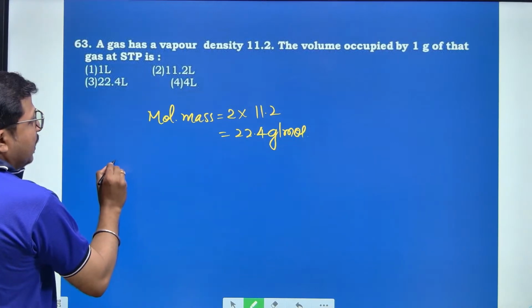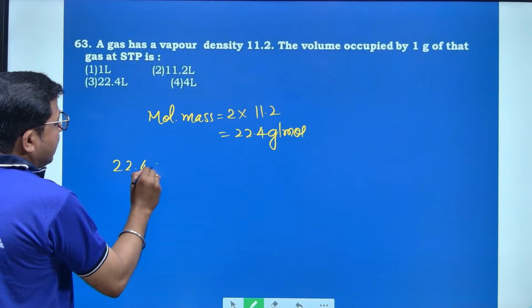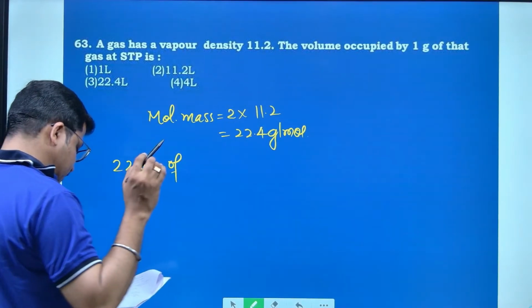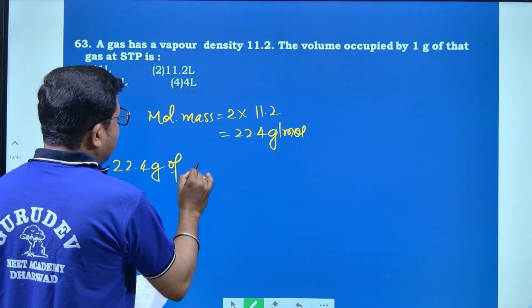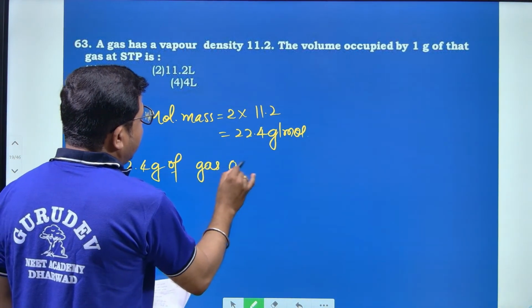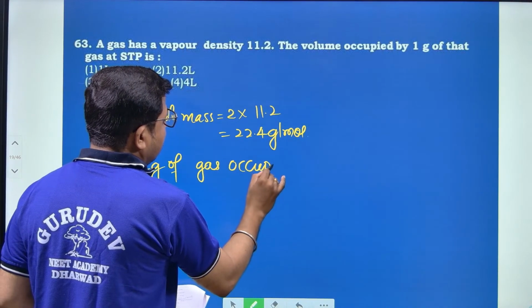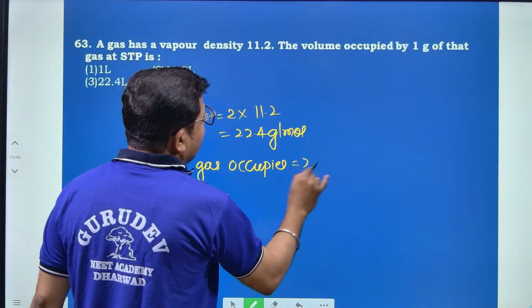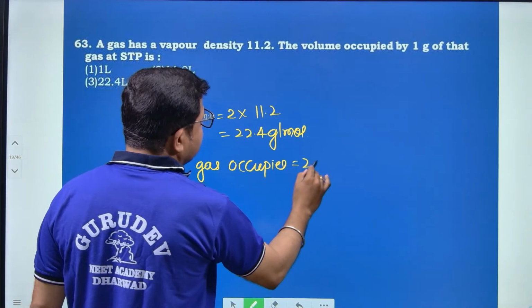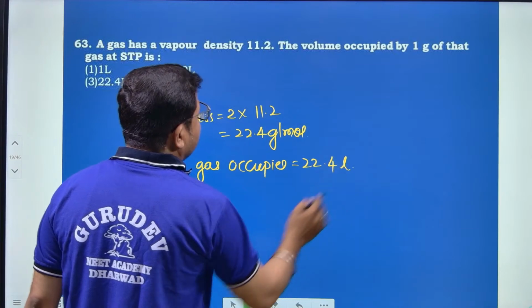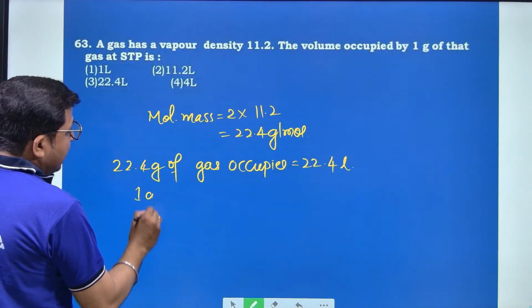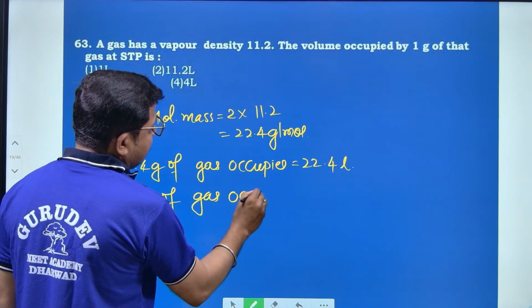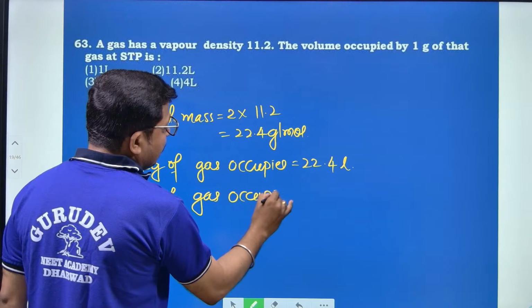See here, 22.4 gram of gas occupies 22.4 liter, and 1 gram of gas occupies, right?